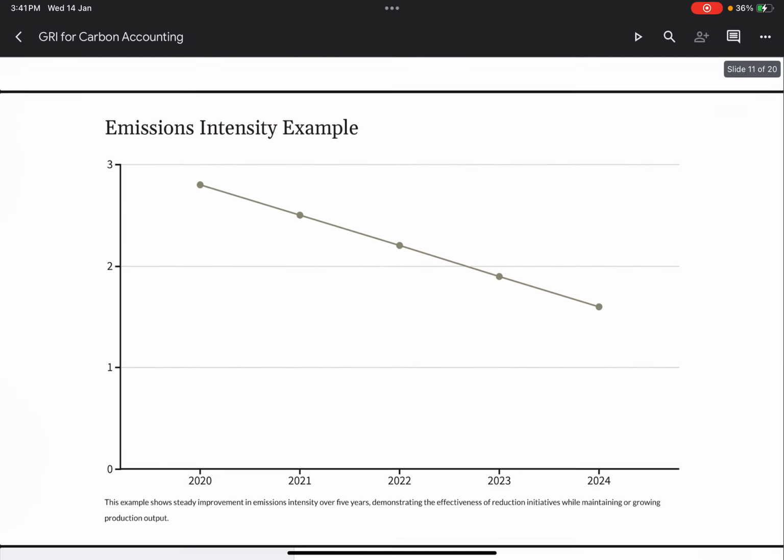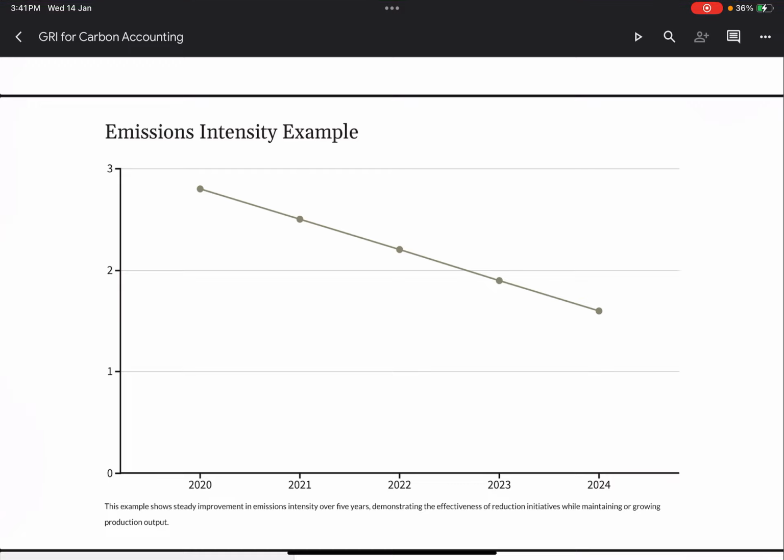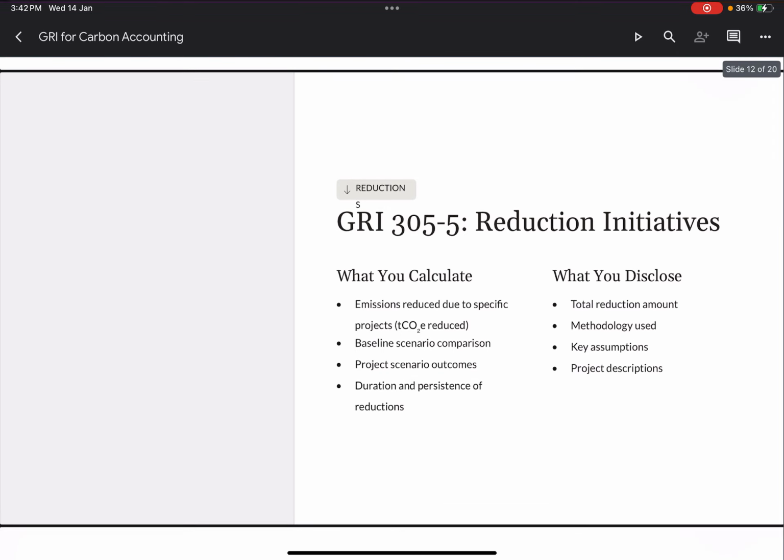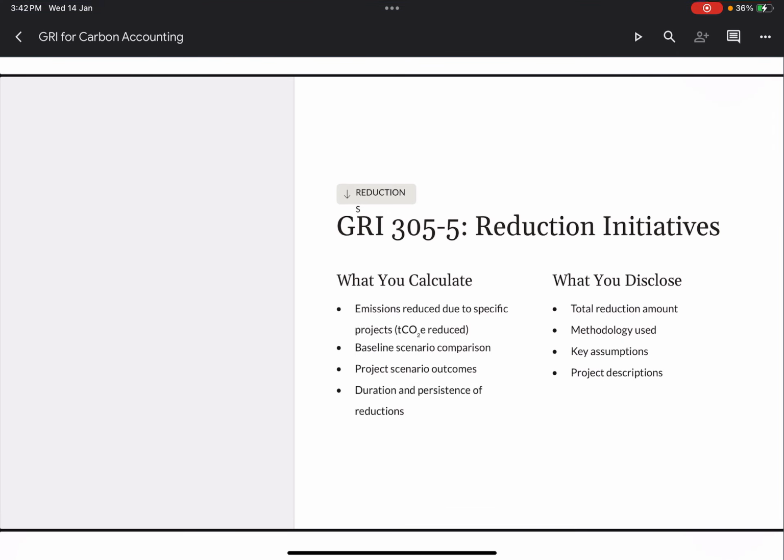This is a typical graph which shows how the emission intensity is reducing over time. We should not be happy only with reporting the intensity and the emissions. The report should also include the measures taken to reduce these emissions.